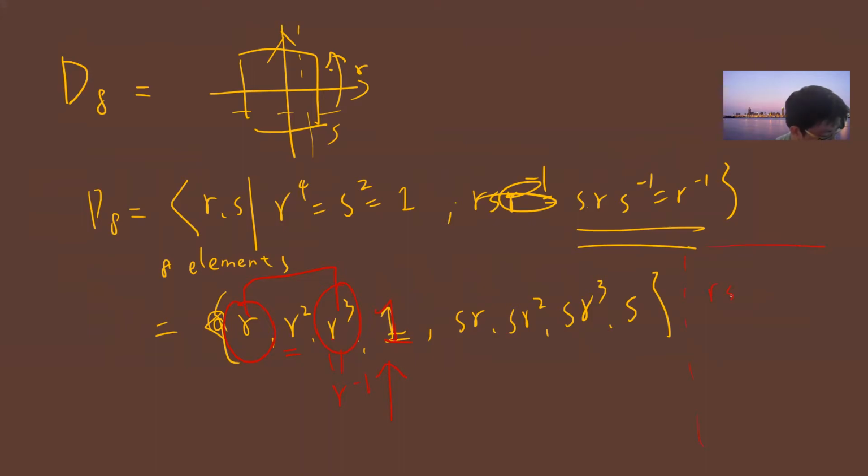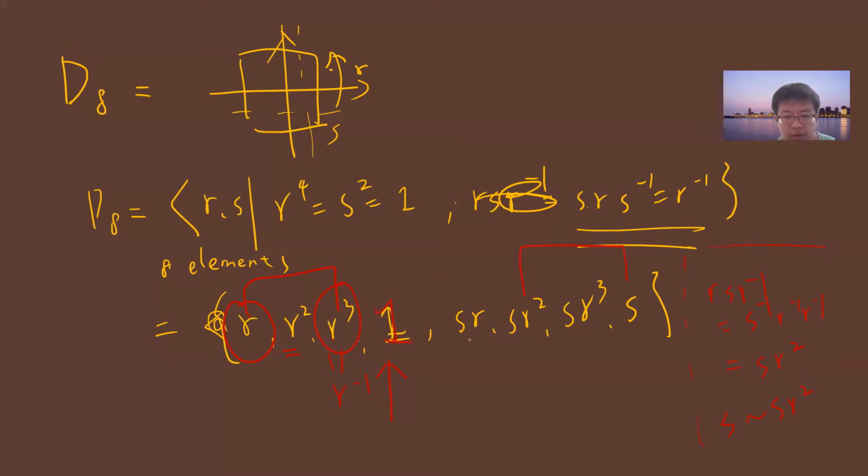Let's say conjugating R by S gives S inverse R S, right? So this is just R cube, right? Because S inverse is S, right? R inverse times R minus 2 is R squared, right? So that means SR is the same as SR cube. So S is the same as SR squared.